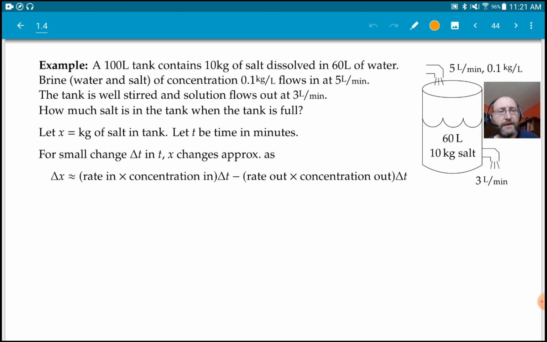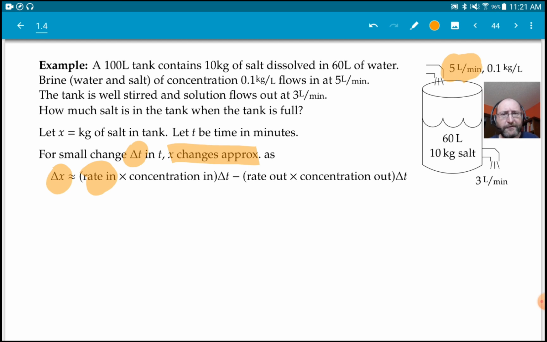Now, for a small change in time, which we'll call delta t, how x changes, which we'll call delta x, is approximately as follows. There's salt coming in. How much salt is coming in? Well, we have the rate in, that's 5 liters per minute. That's how much brine is coming in, in liters per minute.